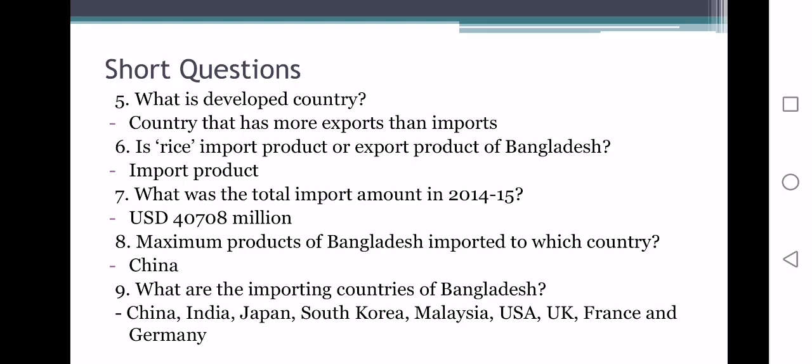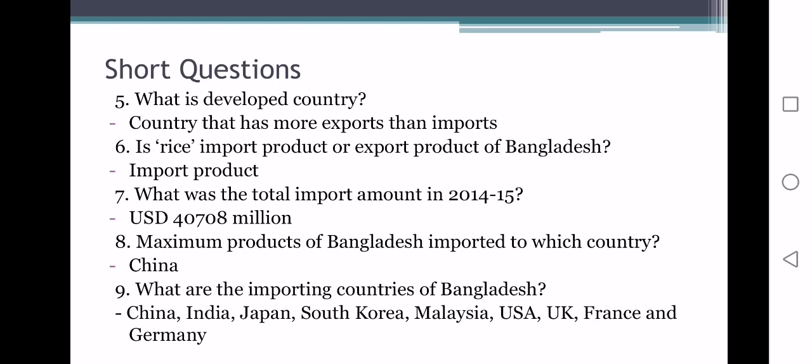Question number 8. Maximum products of Bangladesh are imported from which country? See, here you can see that every year Bangladesh generally imports products from certain countries, like China, India, Japan, South Korea, Malaysia, USA, UK, France, and Germany.